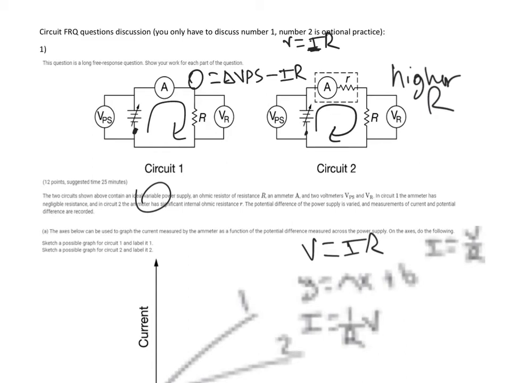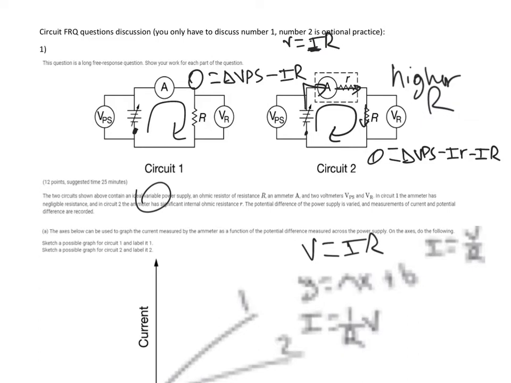We can't use V, so we have to use IR, in this case I big R. On the second one, I go through the battery, so this is delta V_PS minus I little r minus I big R. If I go across a battery with the current, I gain voltage. If I go across a resistor with the current, it's a voltage drop. So anytime I go across a resistor, you'll see it as minus.